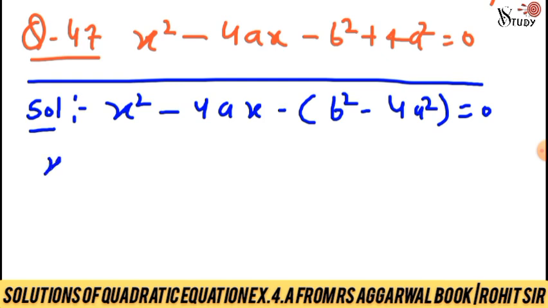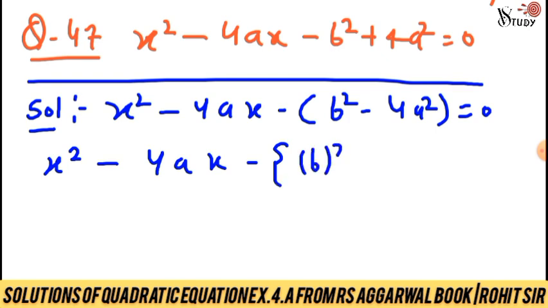Now we can write this equation like x square minus 4ax minus (b square minus the square of 2a) is equal to 0.